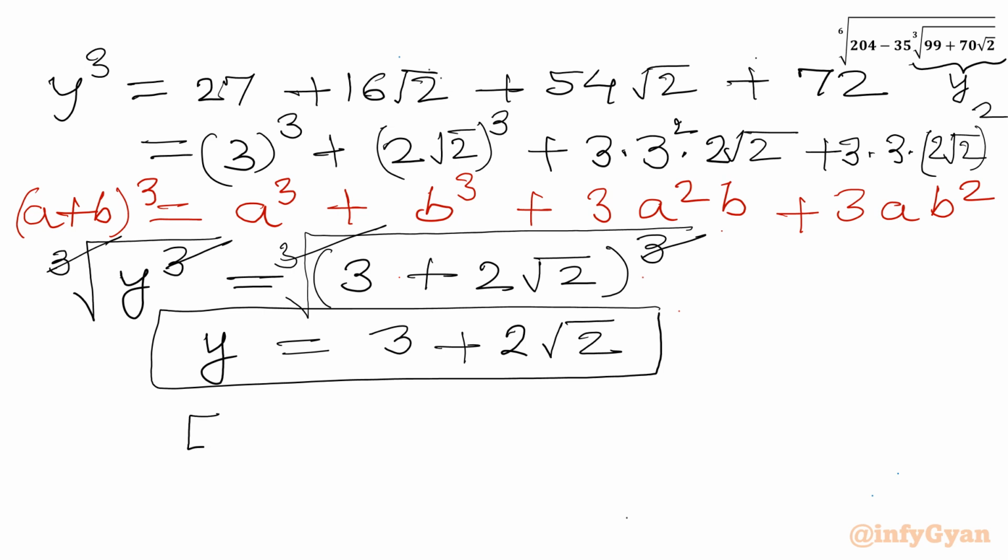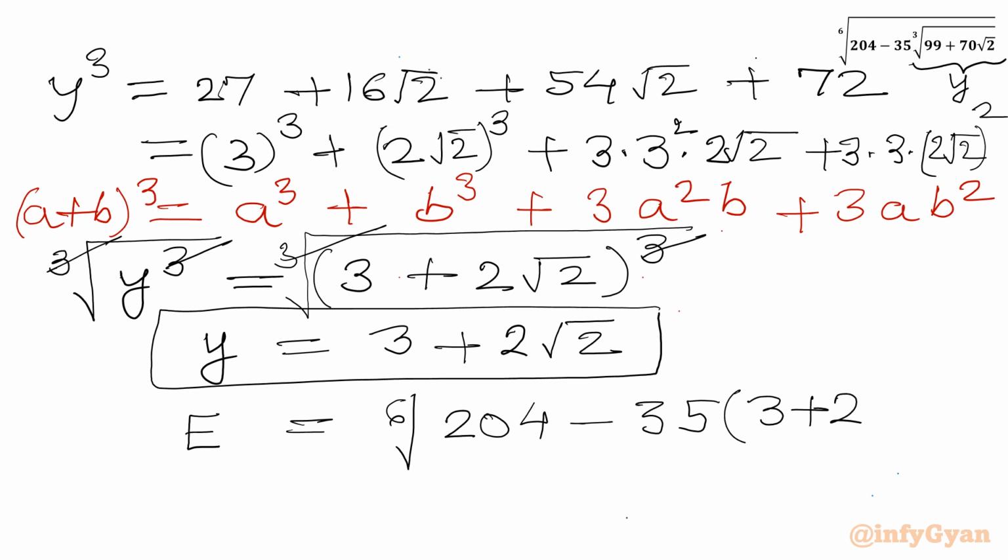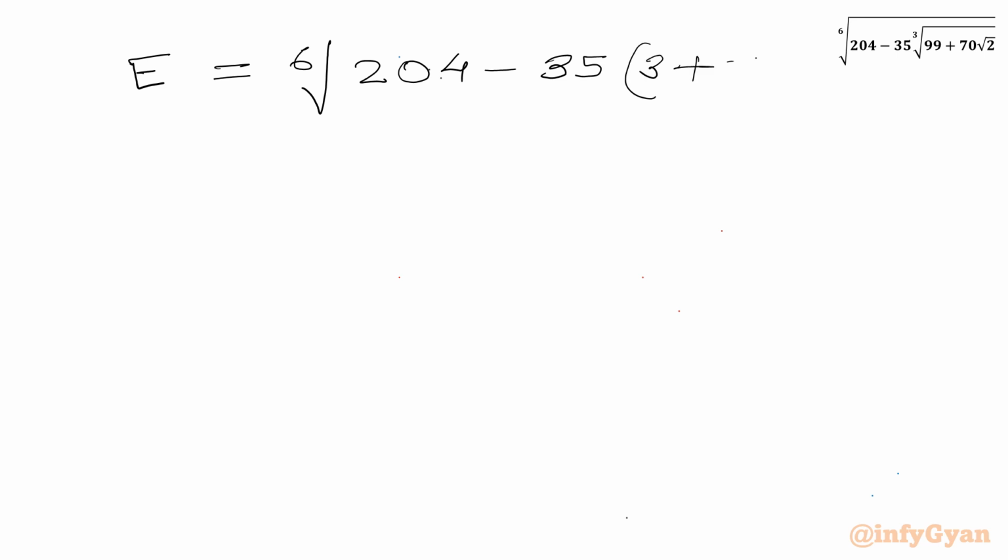So I can write my expression will become 6th root of 204 minus 35 times 3 plus 2 square root 2. Let us write here E equal to 6th root of 204 minus 35 times 3 plus 2 square root 2.